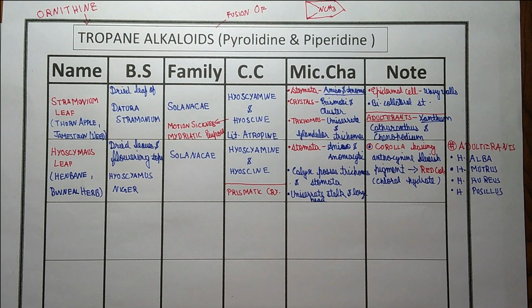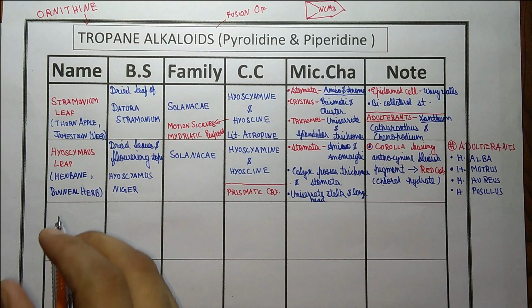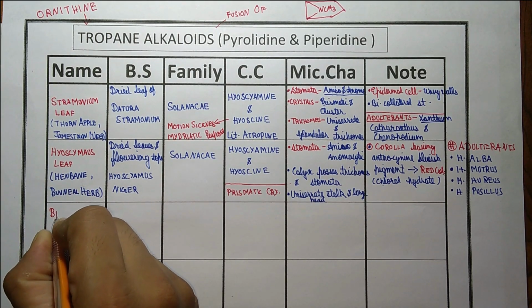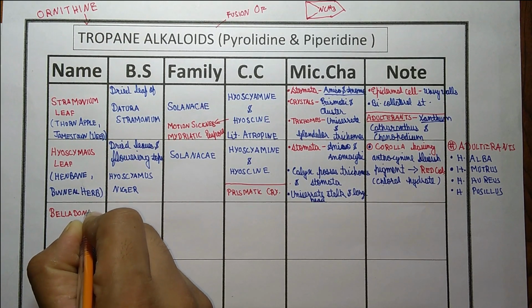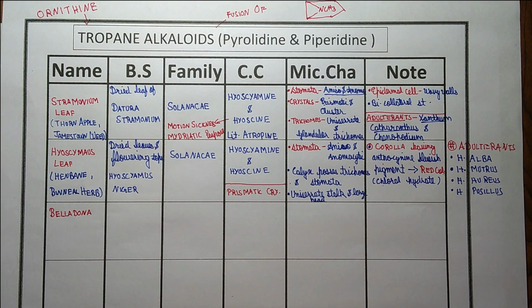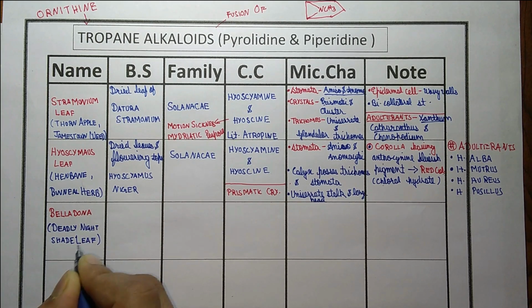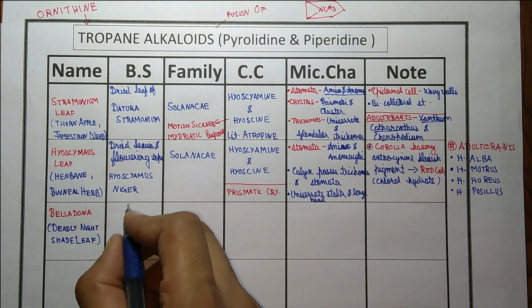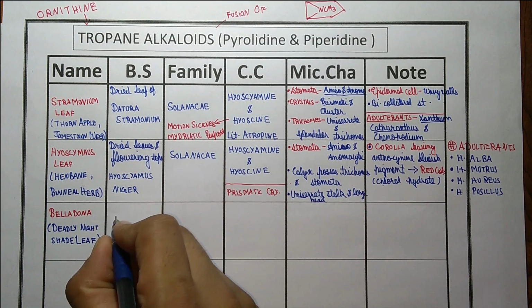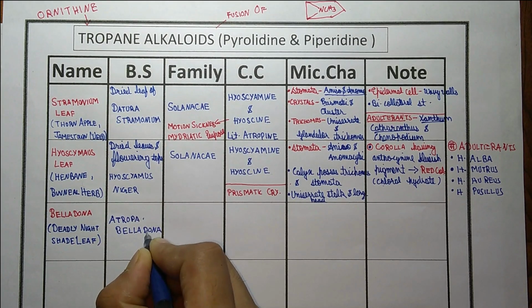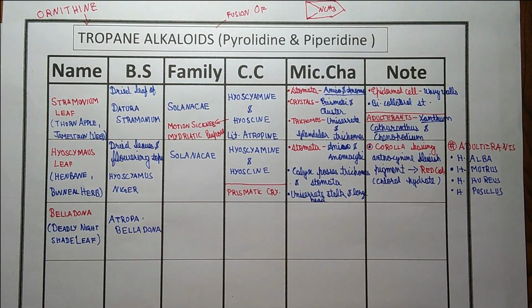Now coming to the third drug, Belladonna. Its synonym is deadly nightshade leaf. Its biological source is dried leaves and flowering tops of Atropa belladonna. Family is the same, students, Solanaceae.